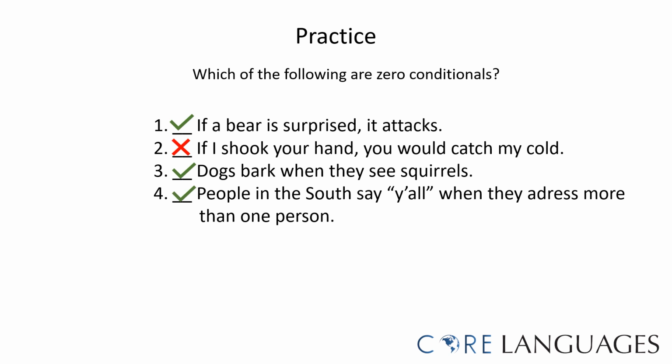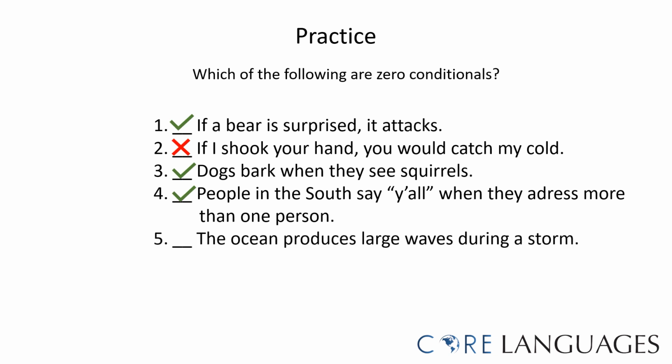It is a general truth, and both verbs are in the simple present. The ocean produces large waves during a storm. This sentence is not a zero conditional. This is a grammatically correct sentence, but it does not make a statement using if or when.